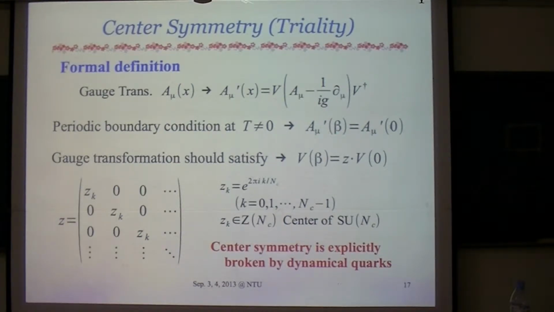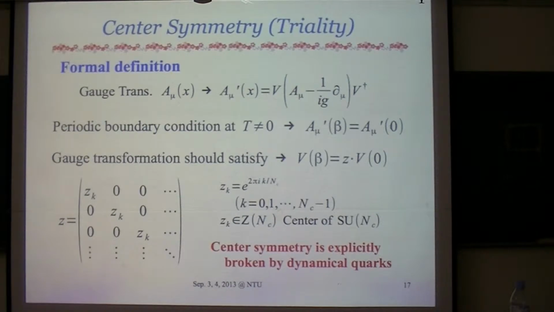Of course, if V is periodic, then the transformed fields are periodic too. That is trivial. But that is too strong a condition. If this is aperiodic, twisted by this center element, that is also fine because you have V and V dagger here, and so Z can be cancelled by one Z here and Z dagger here. So this kind of transformation, or the symmetry under this aperiodic gauge transformation, is called center symmetry.